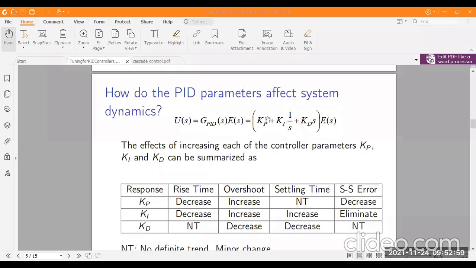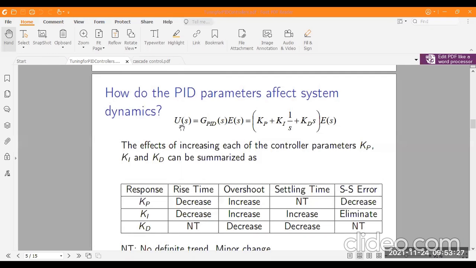So we have to know first the proportional integral derivative controller equation, the output equation. That is U(s) by E(s), the PID controller gain, which equals the proportional controller plus the integral controller into 1 by s plus the derivative controller into s, which is the transfer function.